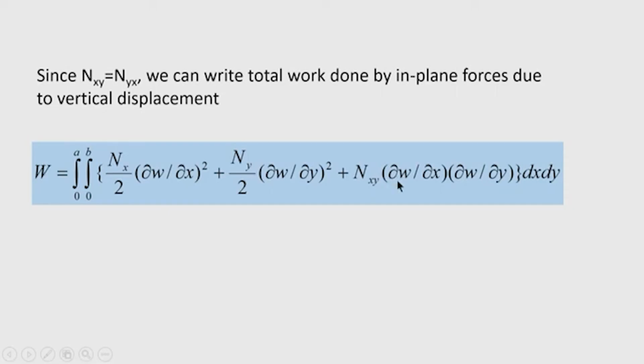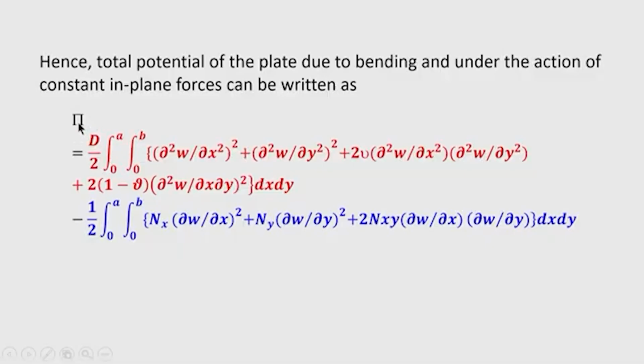So, the vertical deformation introduces additional shear, that is del W by del x into del W by del y. This has been taken into account to find the work done, and it is also to be noted that during deformation this N x, N y, N xy does not change. Okay.